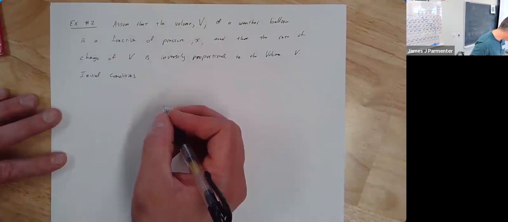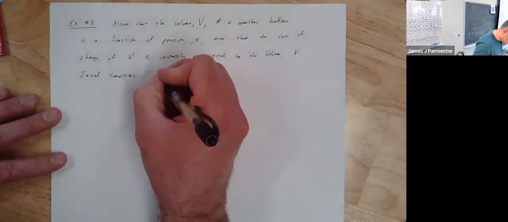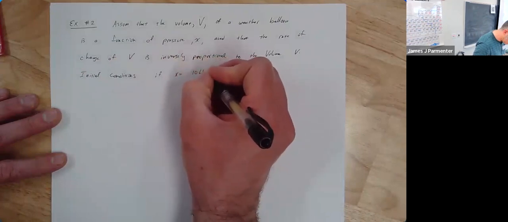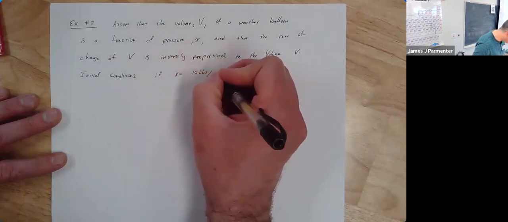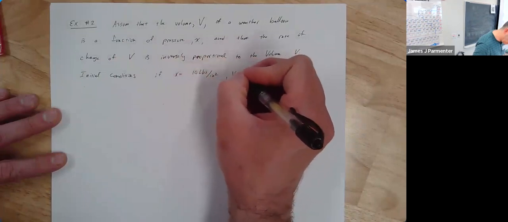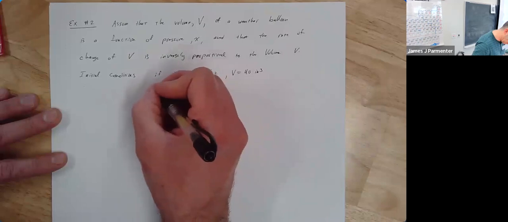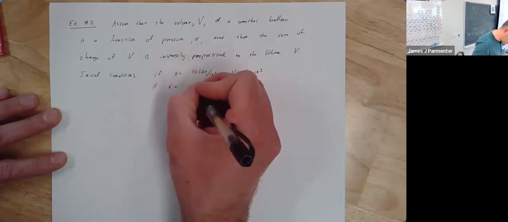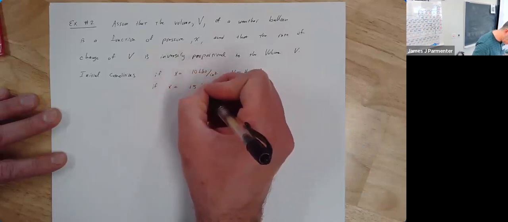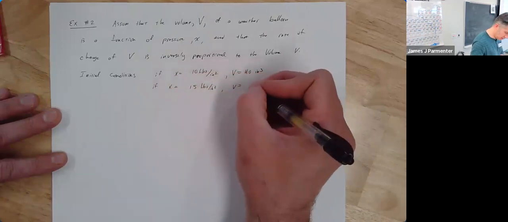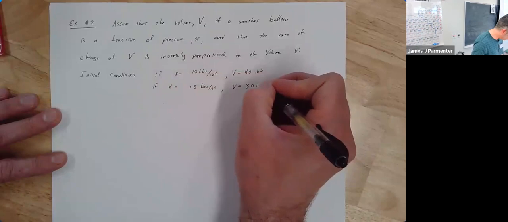If X is equal to 10 pounds per square inch, then volume is equal to 40 cubic inches. And if X is equal to 15 pounds per square inch, then volume is going to be 30 cubic inches.